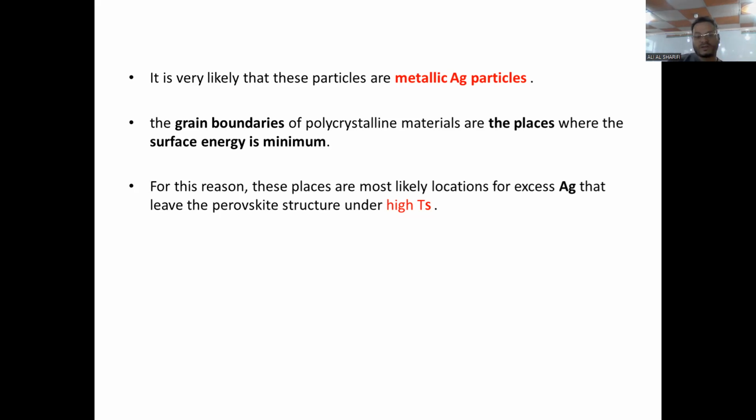The reason is that at the grain boundary the surface energy is minimum, so the metallic doping particles take the opportunity to escape from high temperature to the grain boundaries. For this reason, these places are the most likely locations for Ag that leaves the perovskite structure under high temperature.